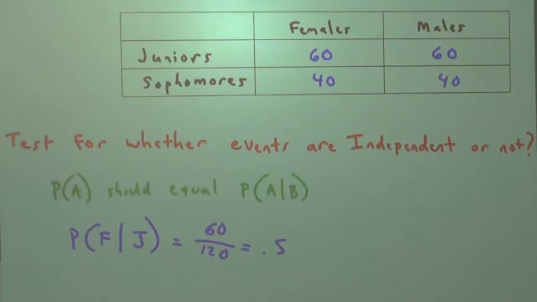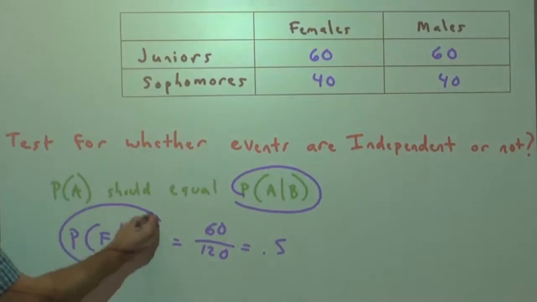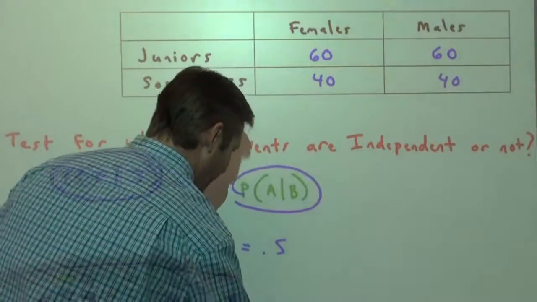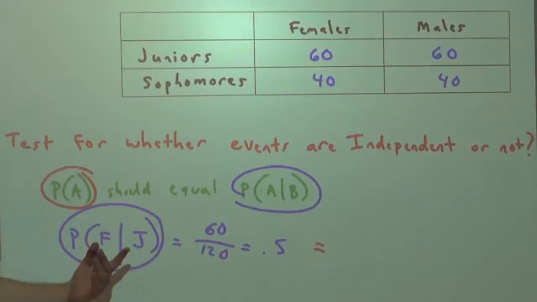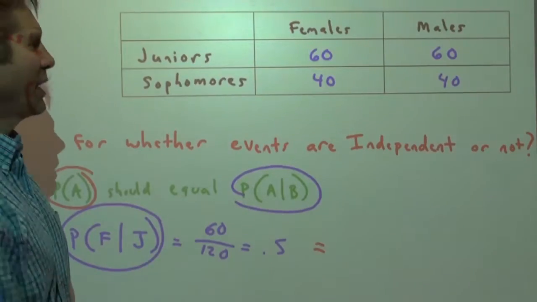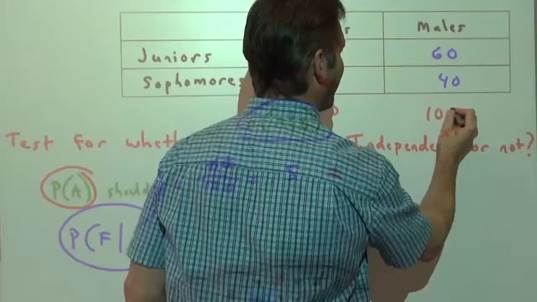There's a 0.5 chance, a 50% chance, of selecting a female given that the person we selected is in the junior class. Now, if these are independent events, then the conditional probability that we just calculated should still equal the original probability of getting a female. Well, what's the original probability of getting a female? There are 100 females and 100 males.